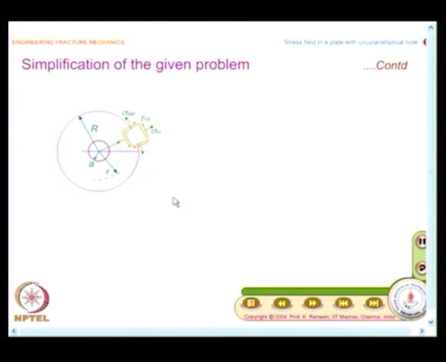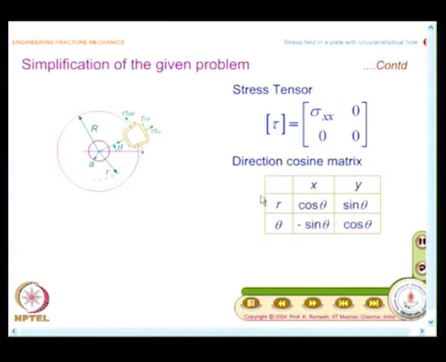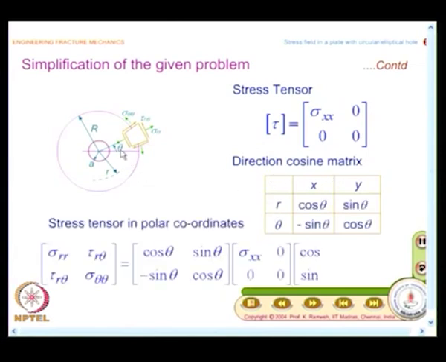What we will do is replace the far field stress with an appropriate boundary condition on the boundary of the hole, which you could do by a suitable stress transformation. So, I have the direction cosine matrix; I am taking a generic section at theta. Between r and x it is cos theta, between r and y it is sin theta, between theta and x direction it is minus sin theta, between theta and y it is cos theta.